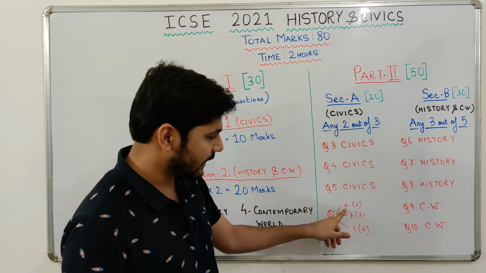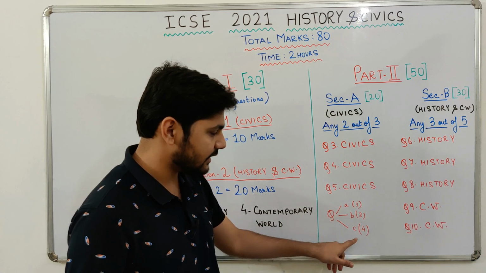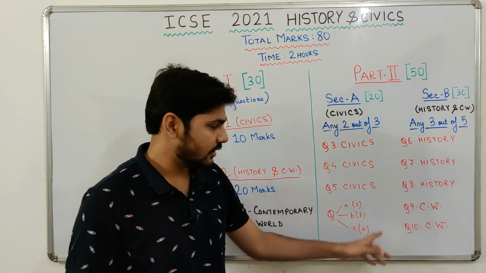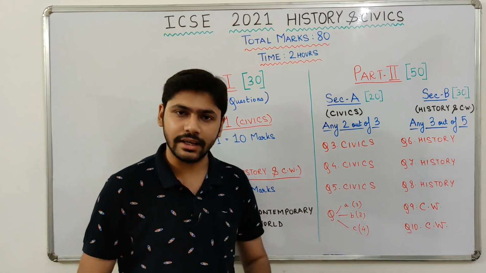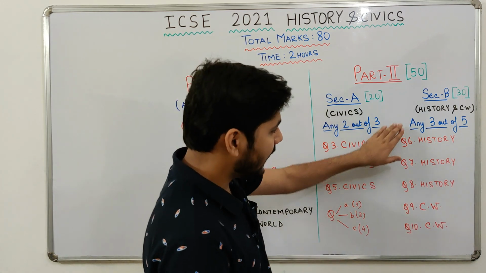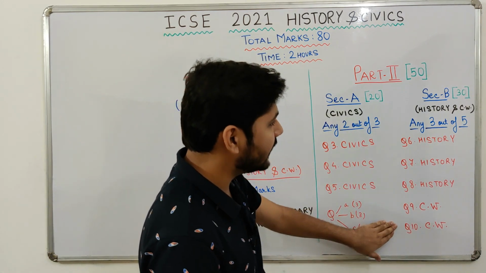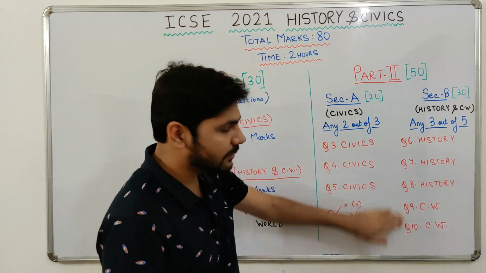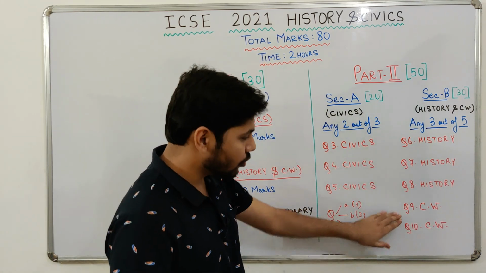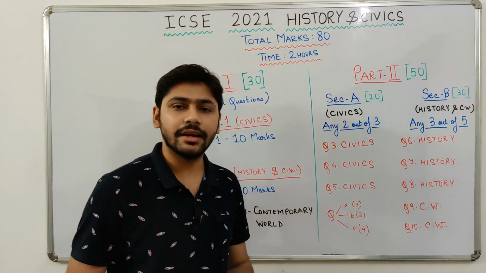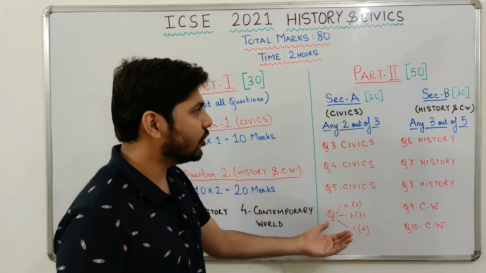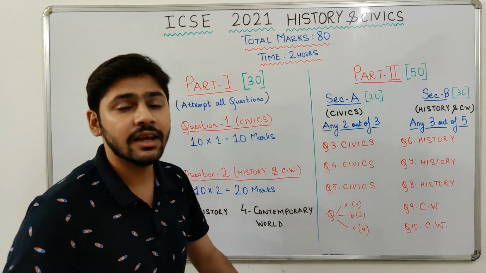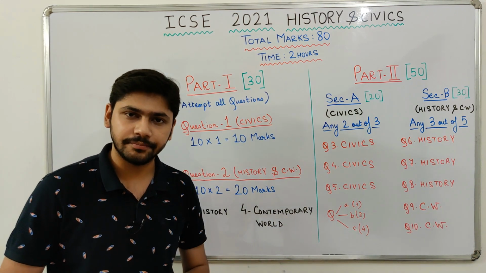You will have subpart A for 3 marks, subpart B for 3 marks, and subpart C for 4 marks. So 3 plus 3 plus 4 gives you 10 marks. So any 3 out of the 5 questions that you get in Section B. Over here, 3 questions will be from History and 2 questions will be from Contemporary World. And as I told you, in part 2, you will face long question and answers.